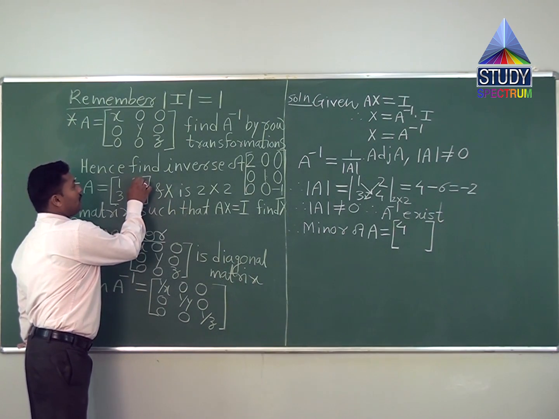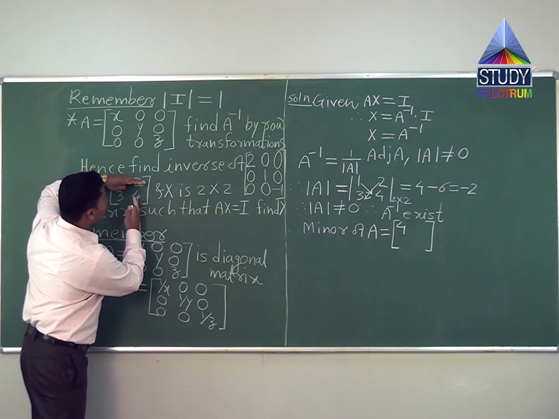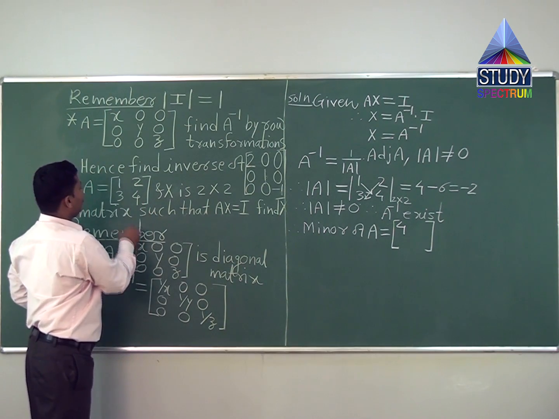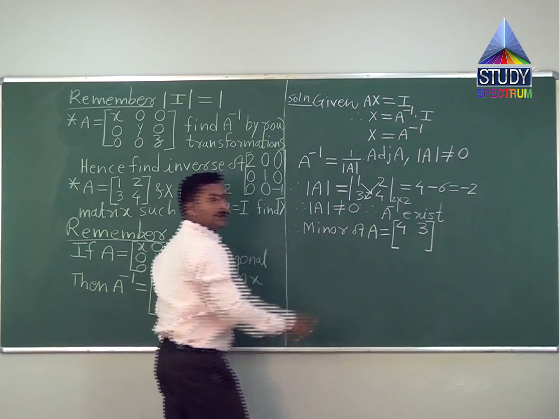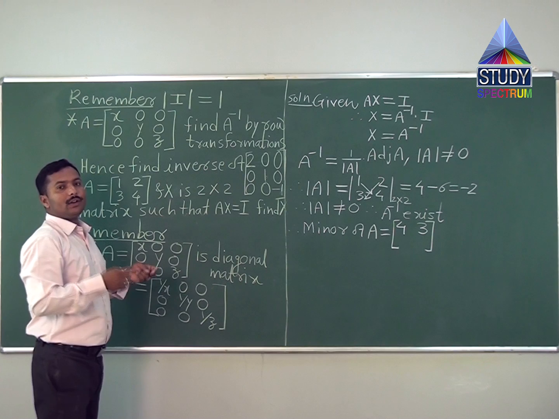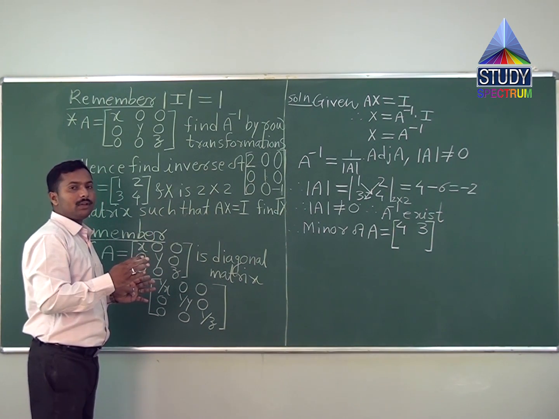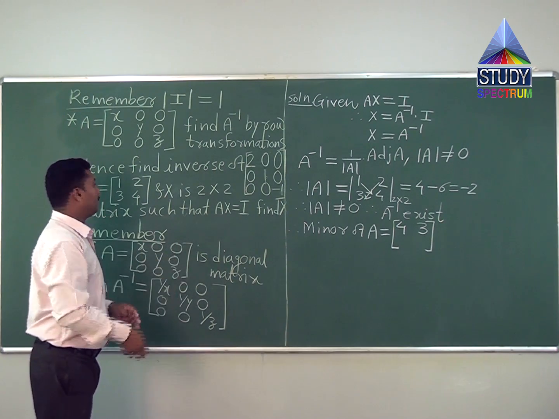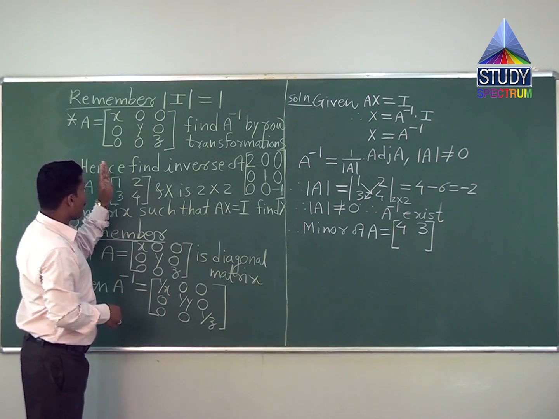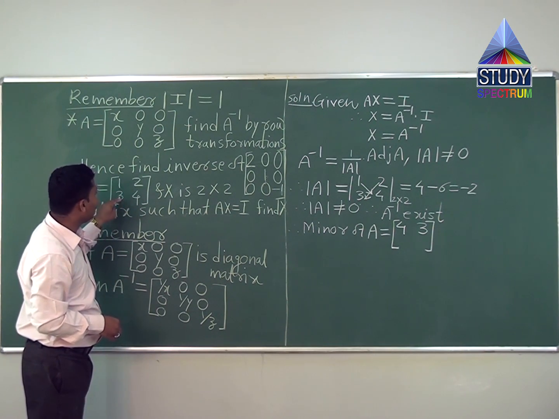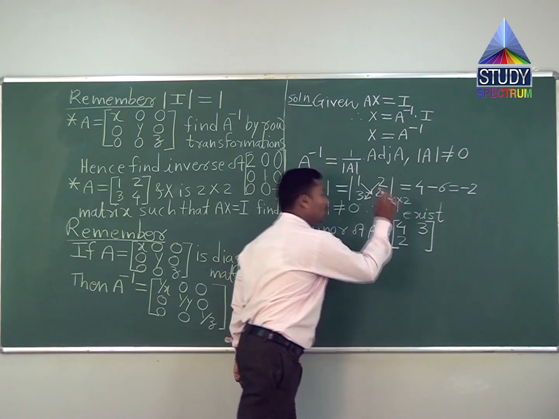Now the minor of this 2: delete the row and column, what remains is 3. The determinant of 3 is that number itself, because the expansion of a first order determinant is the number itself. What is the minor of this 3? Delete the row and column passing through it, what remains is 2, and the determinant of 2 is 2.